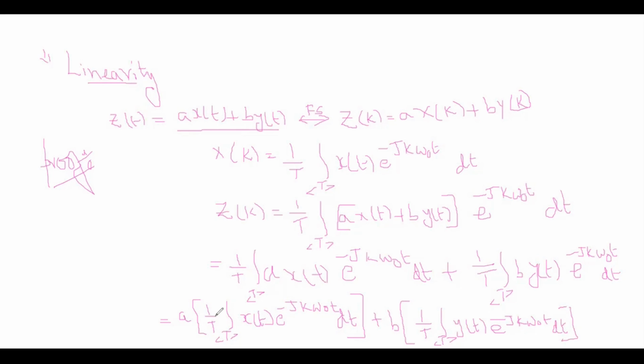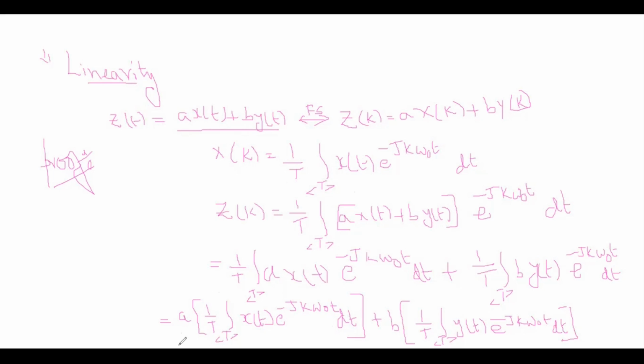See here in the parenthesis, whatever the a is multiplied within the parenthesis, 1 by T, the integral of x of t e power minus jk omega naught t dt, is similar to that of the x of k analysis equation.